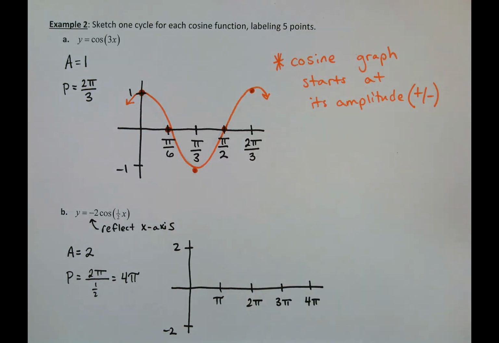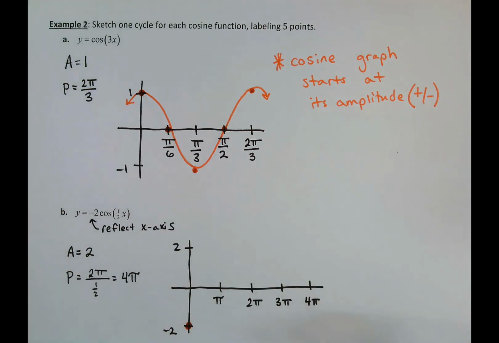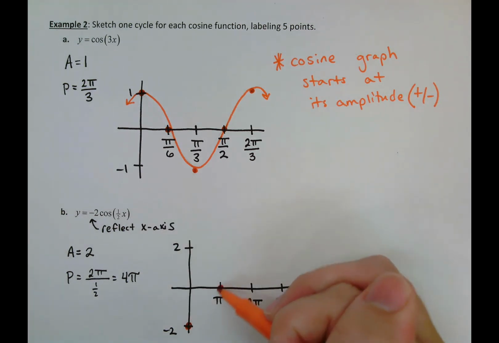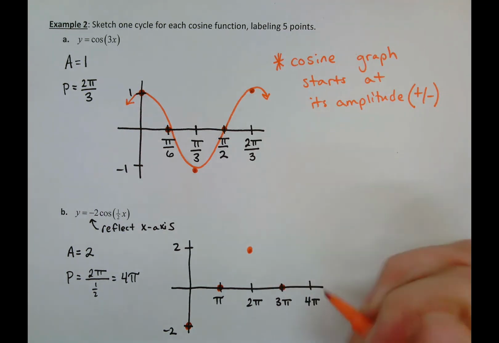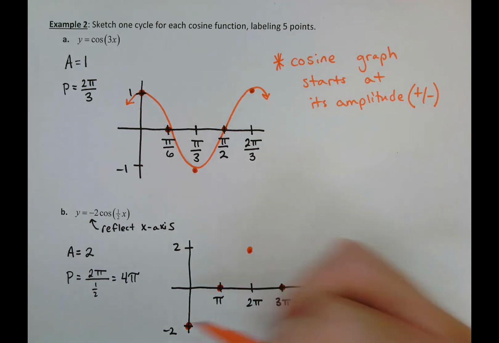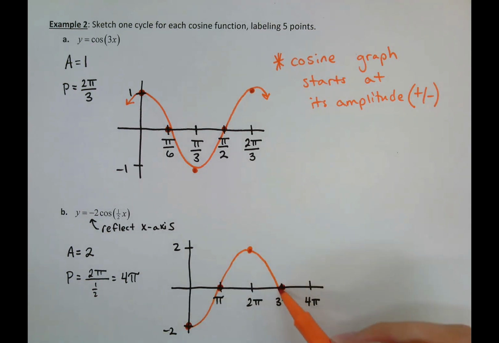And now let's graph our cosine. So cosine starts at its amplitude, but it's reflected across the x-axis, so we're going to start at -2. Then we're going to come up to the midline, up to the maximum, back to the midline, and back to my starting place. So we just have a flipped version of cosine.